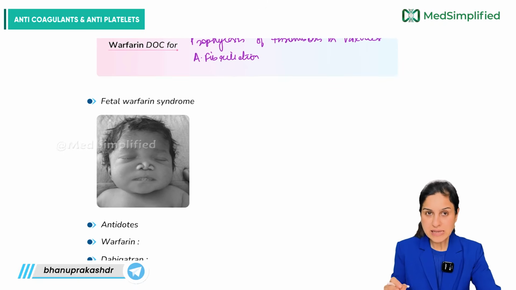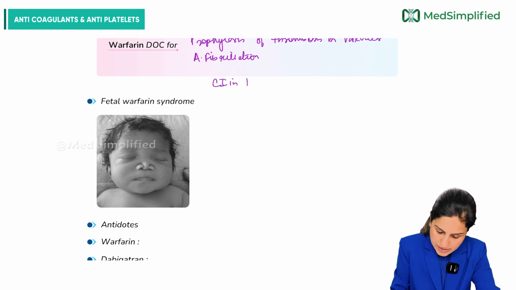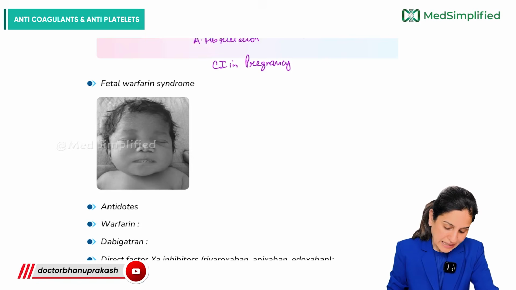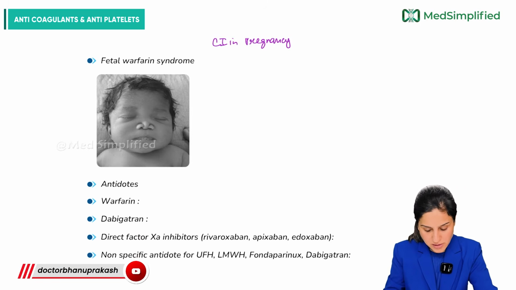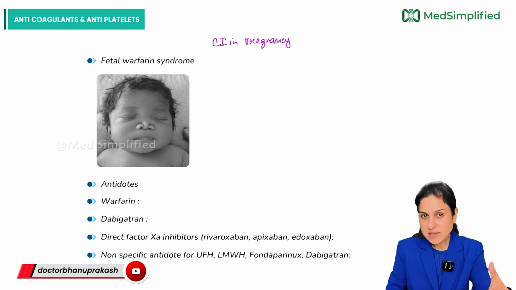Now, warfarin is a teratogenic drug, so it is contraindicated in pregnancy. It can lead to fetal warfarin syndrome. This is a picture of a baby whose mother was given warfarin.